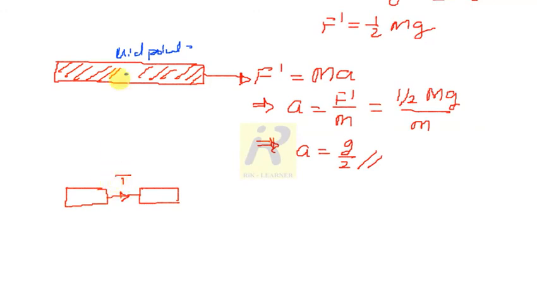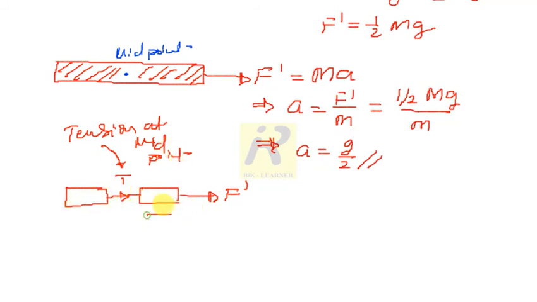This is the tension at the midpoint. The force acting here is F dash. Both the boxes have the same acceleration because they are connected with a rope in between.